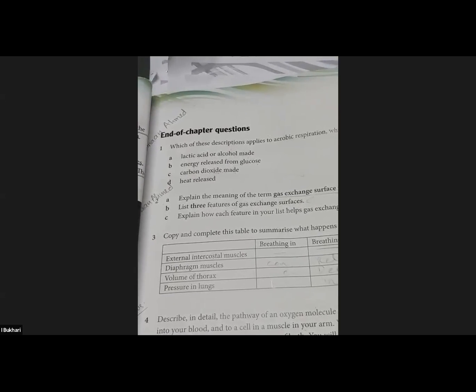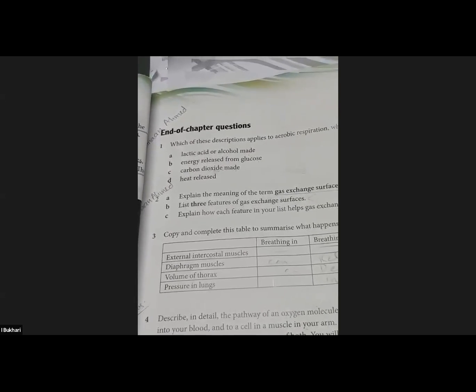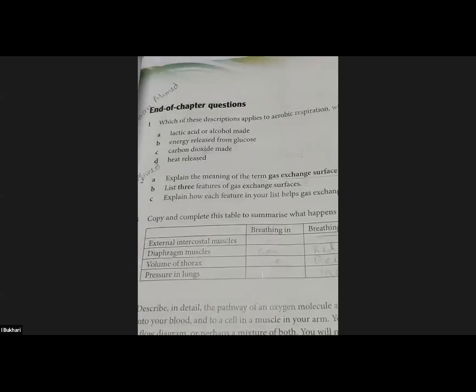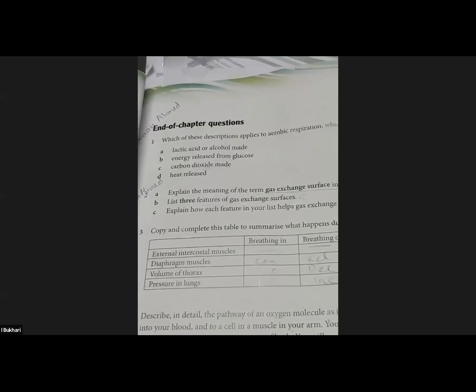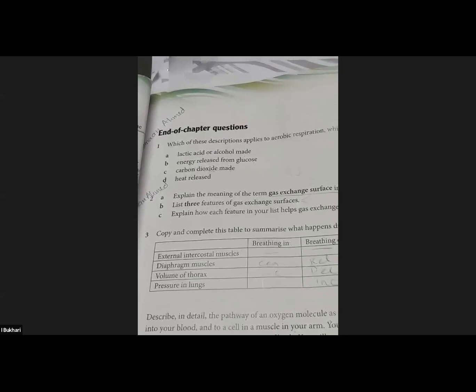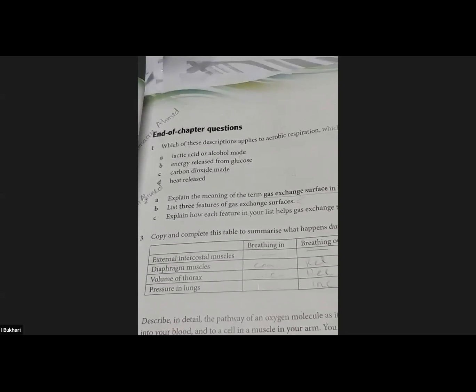In anaerobic, it's only made in yeasts and plants, but not animals. Yes, very good. So carbon dioxide is released in aerobic as well as anaerobic respiration, except in humans or animals. Okay, heat released. Yes, both. The energy released is heat. Right, heat and energy is the same thing.